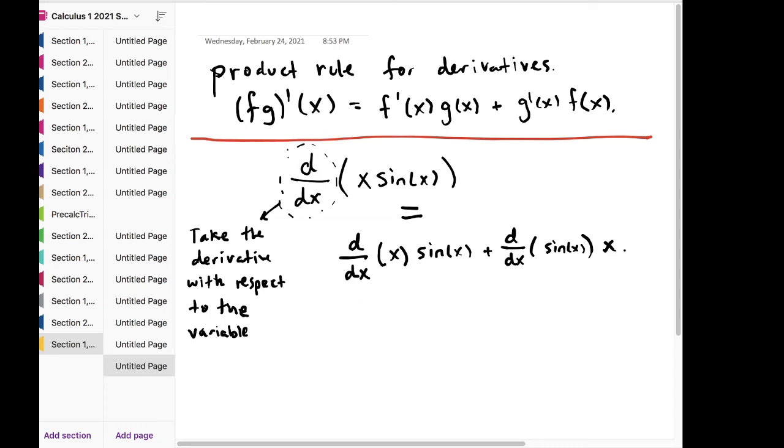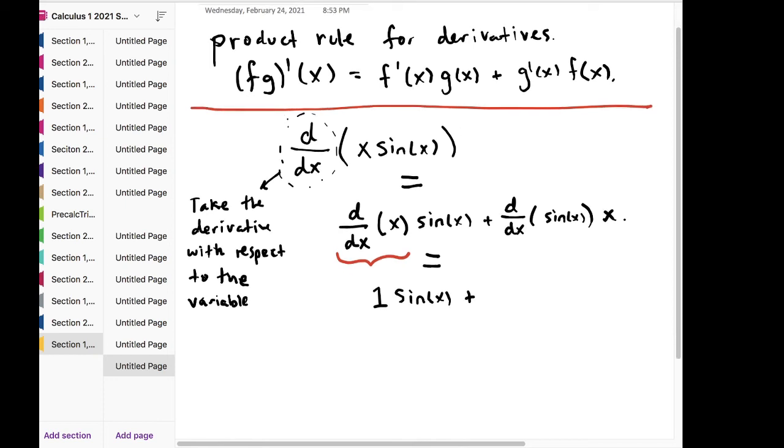Okay, so let's do it. What's the derivative of x? What's the derivative of x? 1. Yep, that's by the power rule. And then there's a sine here. And then the derivative of sine we had established a while back.